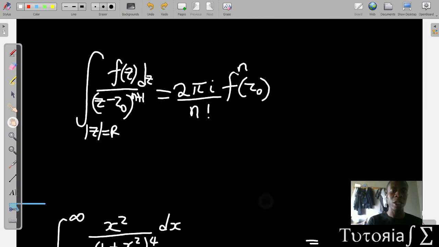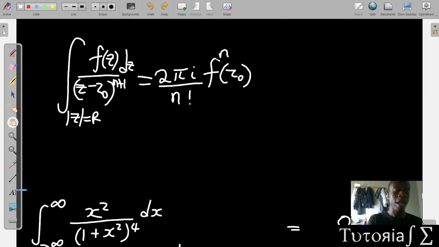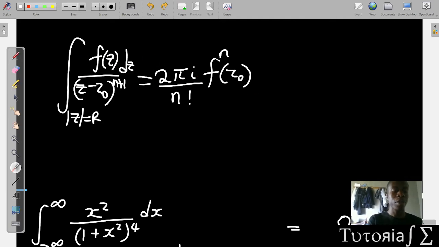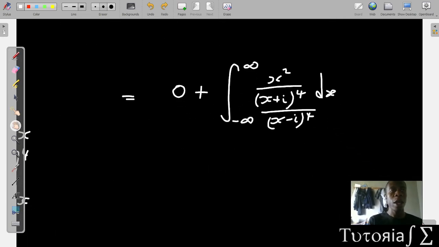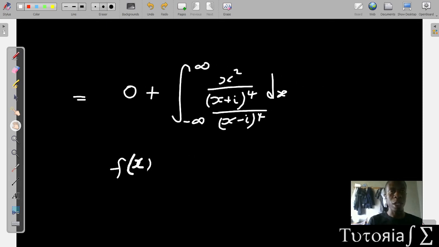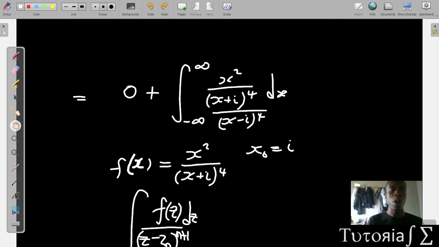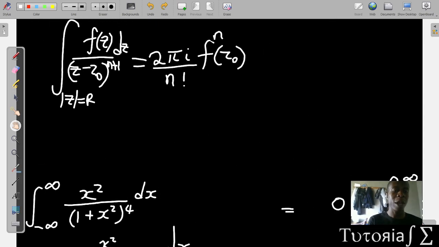We are following this formula, as you can see. So now f of z is that, and x naught is our pole, which is i. So now we replace in this formula.